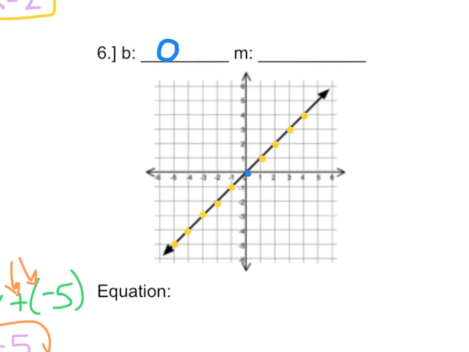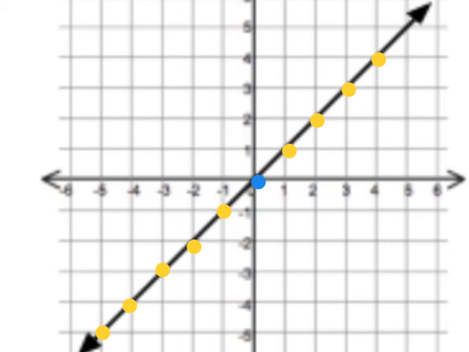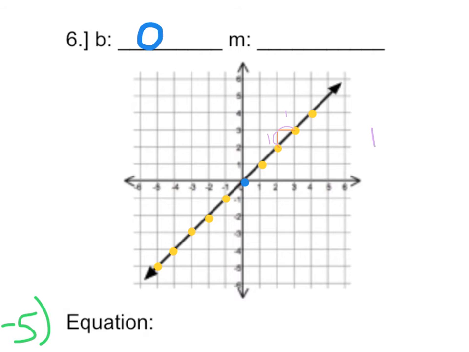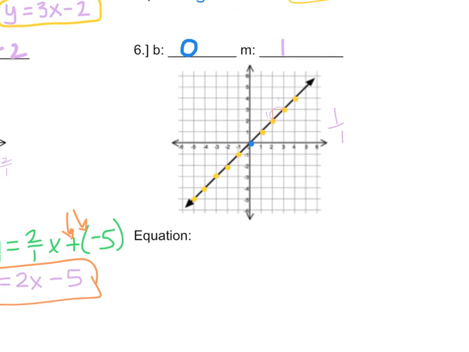Rise over run. So zoom in here, and I'm going to do, maybe I'll do up here, rise over run. So it rises 1 and runs 1. So our slope is 1 over 1, or our slope is just 1. I wonder what this looks like as an equation if the intercept is 0.